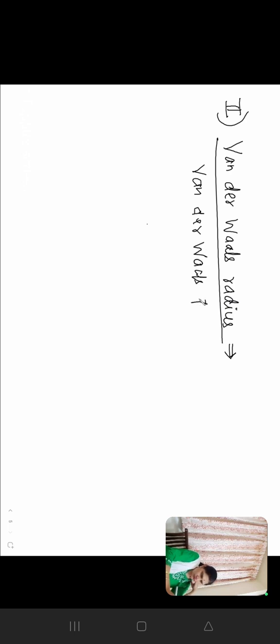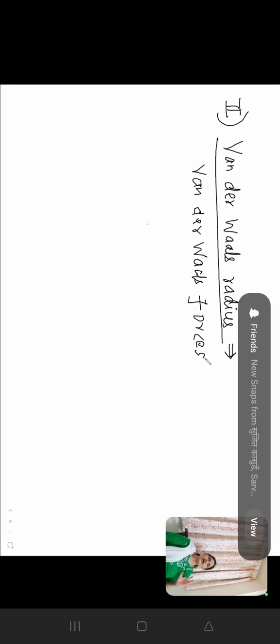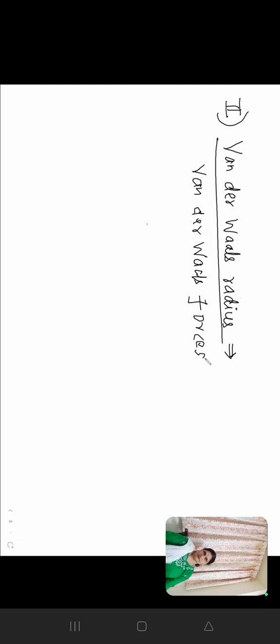But that is different. The van der Waals forces are there, but with that we can't measure the radius of carbon atom. Those van der Waals forces are between hexagonal sheets, not between atoms. Now see, in case of graphite, I will clear your concept. These are the hexagonal sheets.